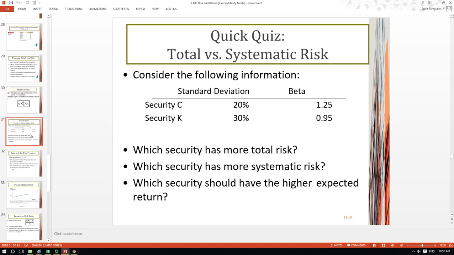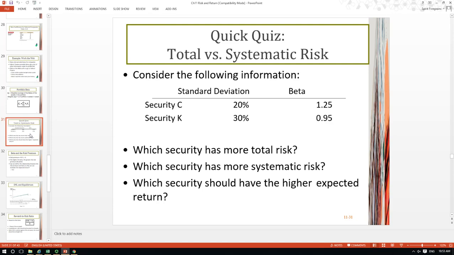Standard deviation measures total risk, which incorporates both systematic risk and unsystematic risk. And only beta measures systematic risk. So in this case, in terms of total risk, security K is riskier. But in terms of systematic risk, you would say C is riskier than K in terms of market risk.